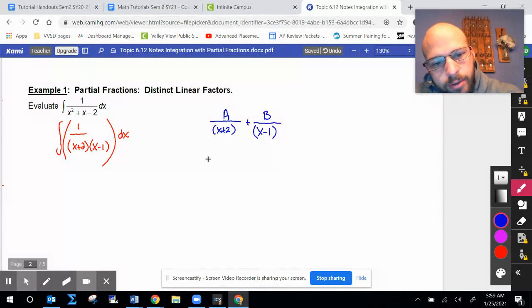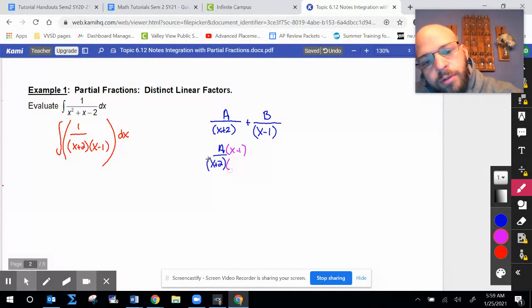Now, seems backwards, but with A and B, what I'm going to do is get common denominators. So I'm going to say A over x plus 2, and I'm going to multiply this by an x minus 1, plus B over x minus 1, and then I'm going to multiply it by an x plus 2.